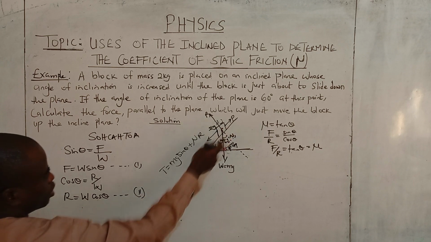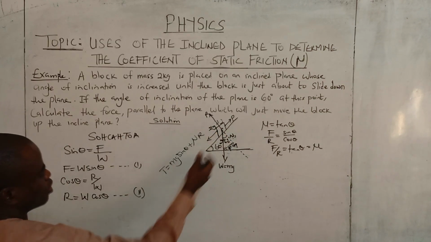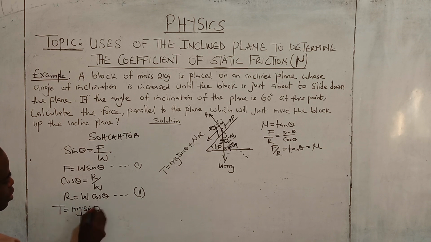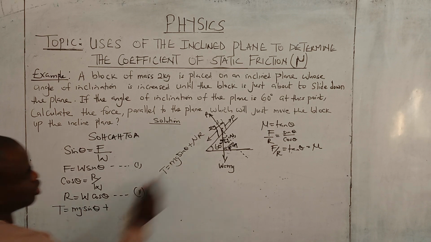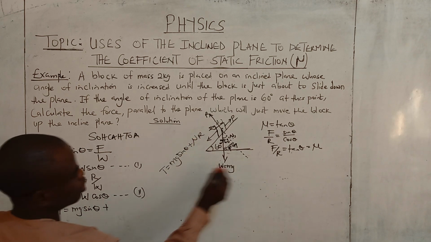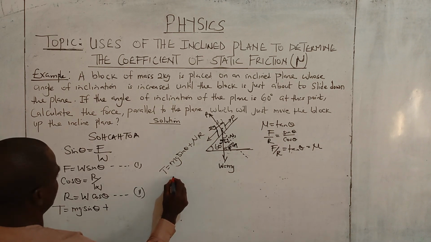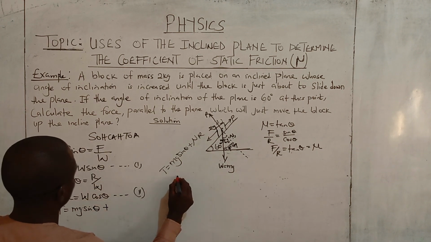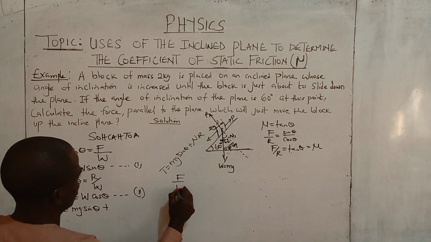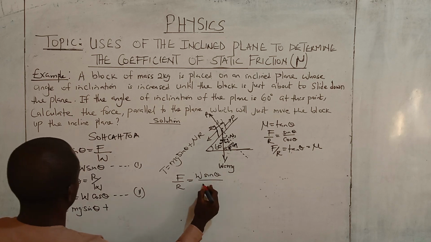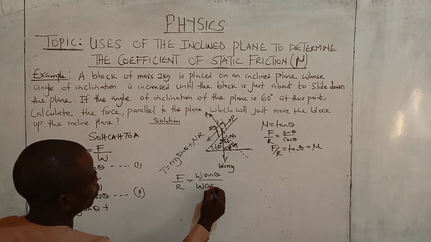This appears when the object is moving on a particular surface. Now you have tension equal to mg sine theta plus mu R. I told you that when you divide equation 1 by 2, F over R equals W sine theta over W cos theta.